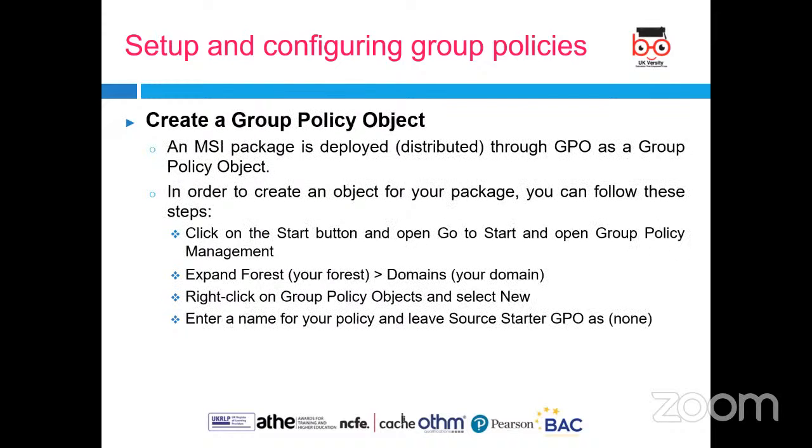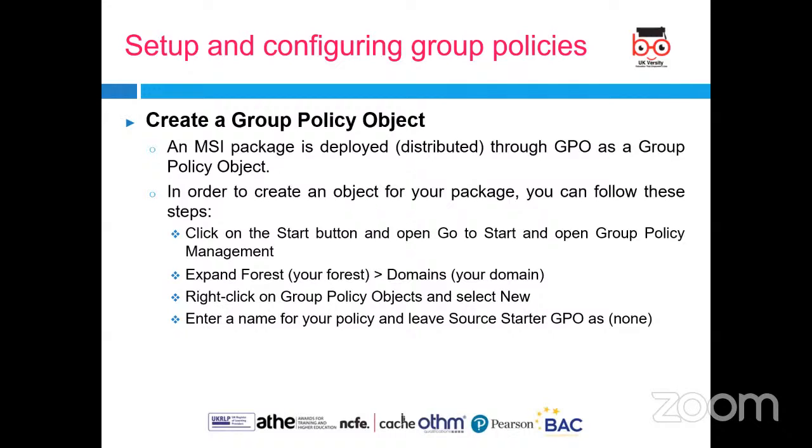So now we're looking at how to create a group policy object, where in order to create one, we have to follow these steps, where we will have to click on the start button and go to start.